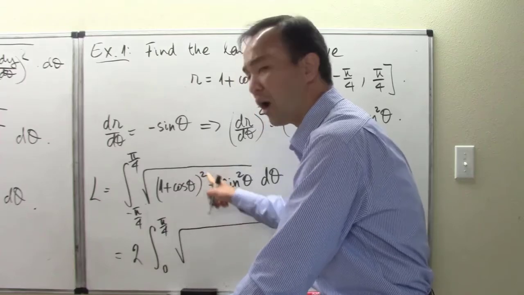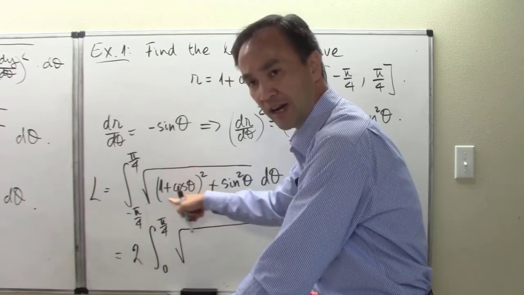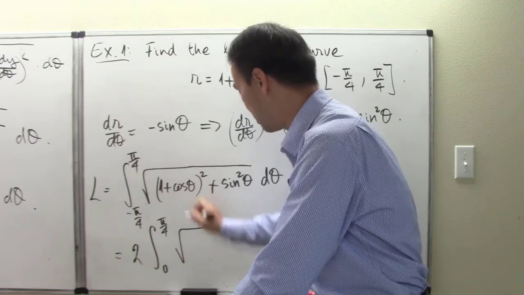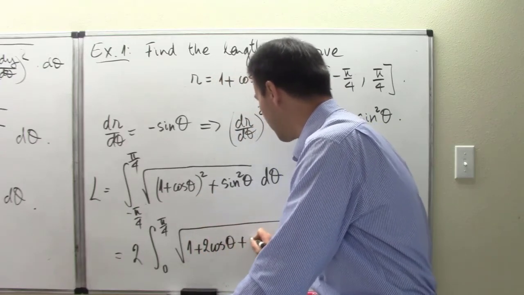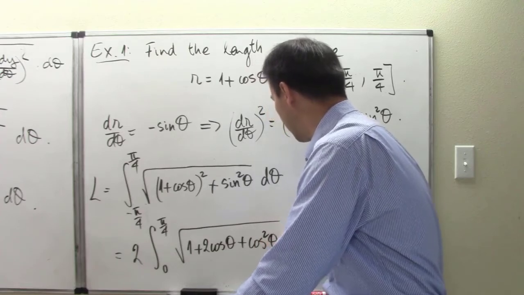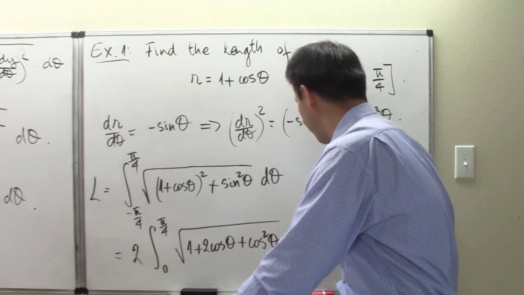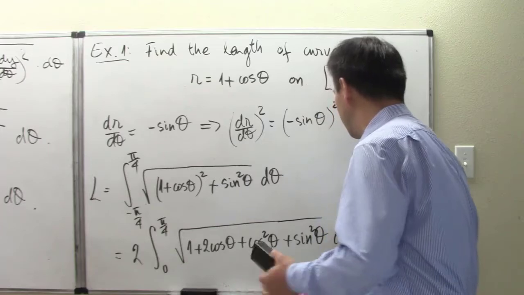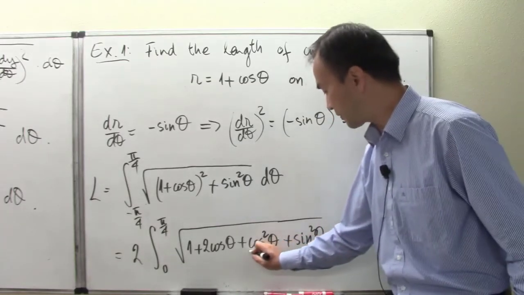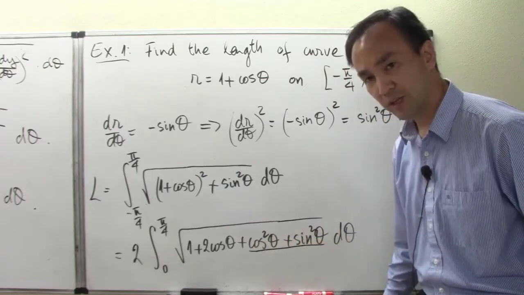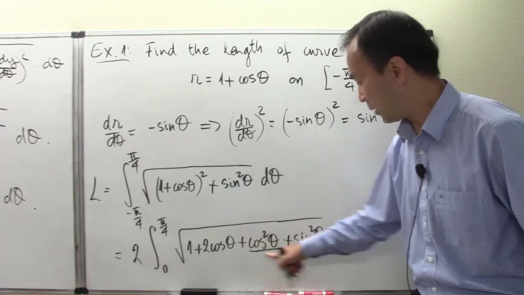In the meanwhile, we can start foiling out this square term. So it's 1 plus 2 cosine theta plus cosine squared of theta, and plus sine squared of theta, all in the square root, and then times d theta. And then we recognize further that cosine squared of theta plus sine squared of theta is a 1, and then 1 plus 1 is a 2.